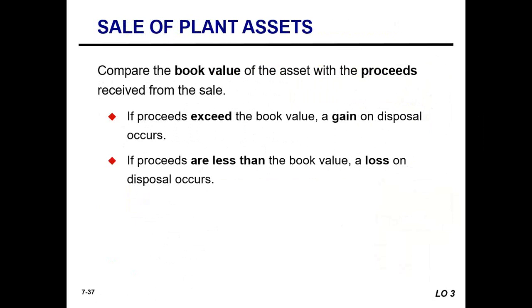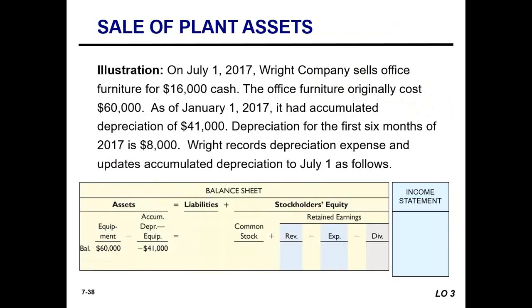We want to look at the book value and compare that to how much we received from the sale of the item. If we received more than the book value, we had a gain. If we received less than, we have a loss. We also have to get the item out of our books.